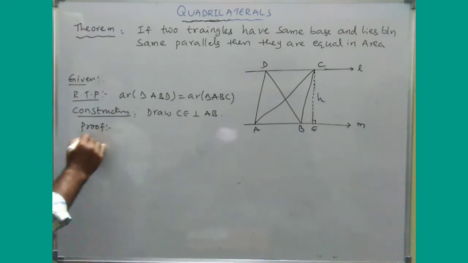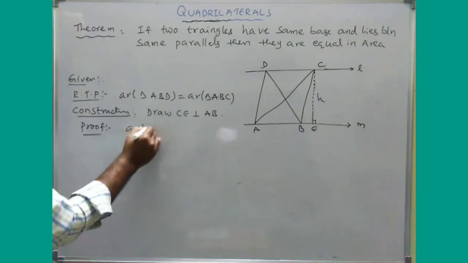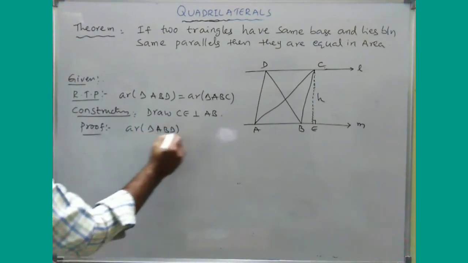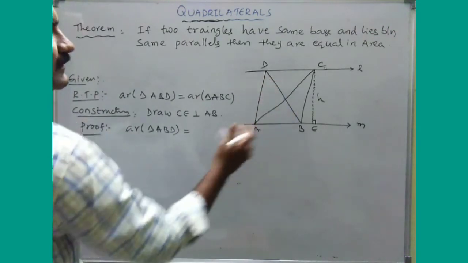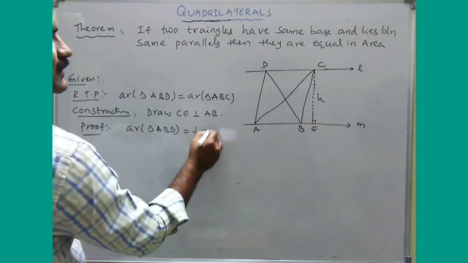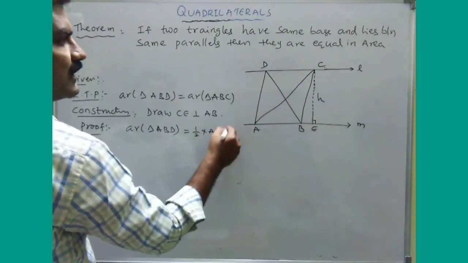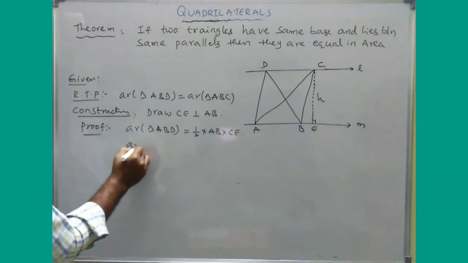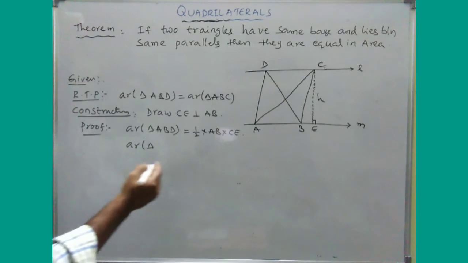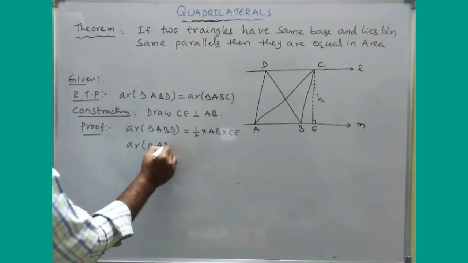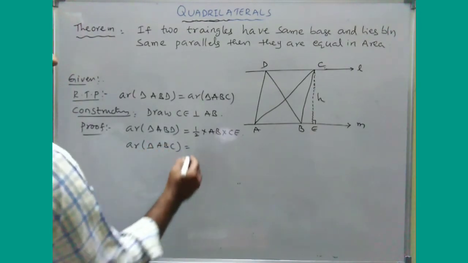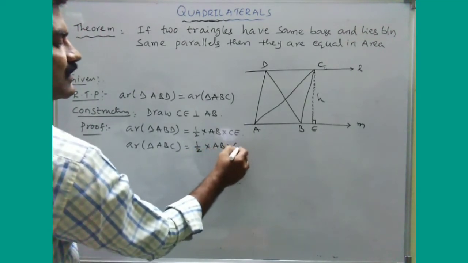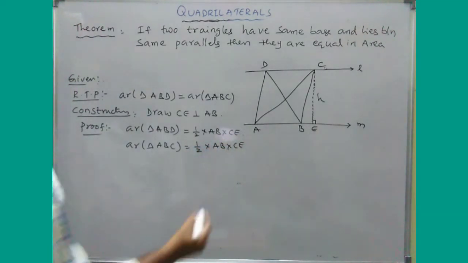Proof. Area of triangle ABD is half into base AB into height, which is CE. Even if you find the area of the other triangle ABC, it is also half into the same base and the same height.